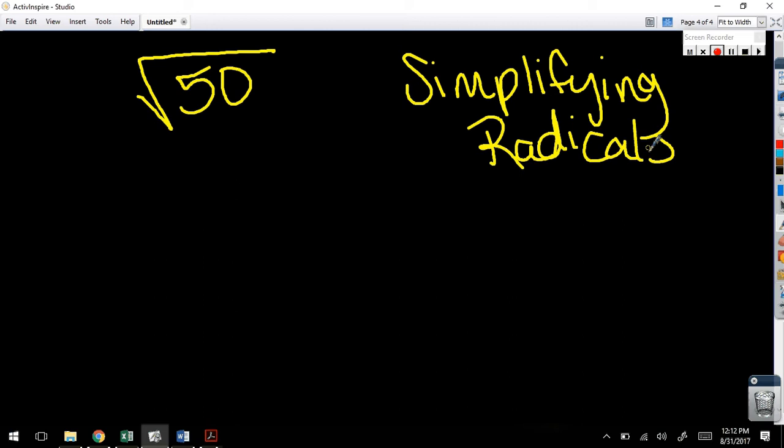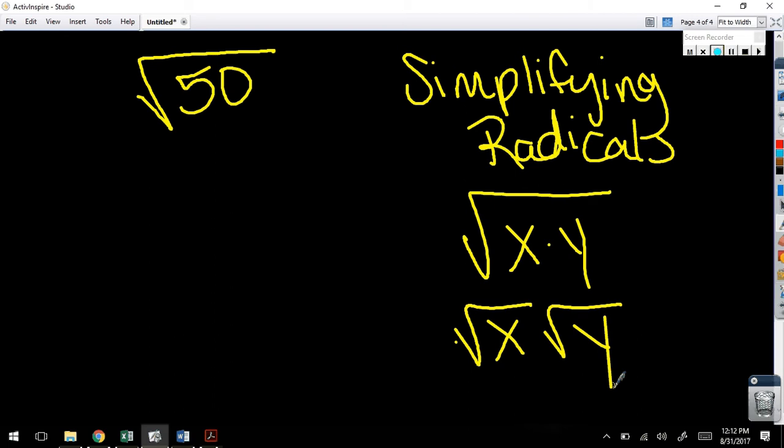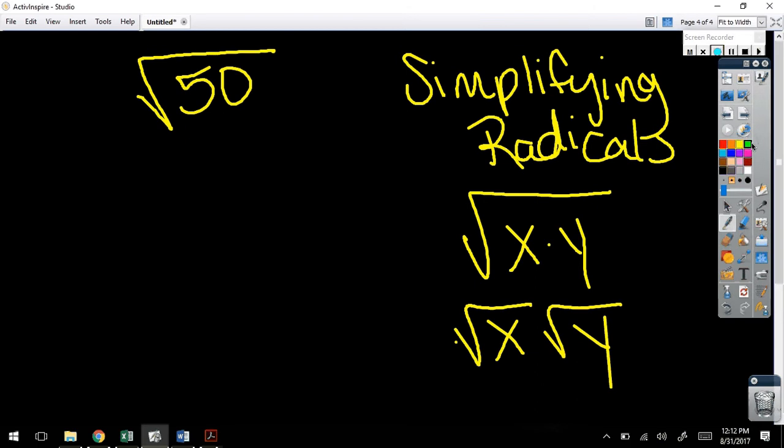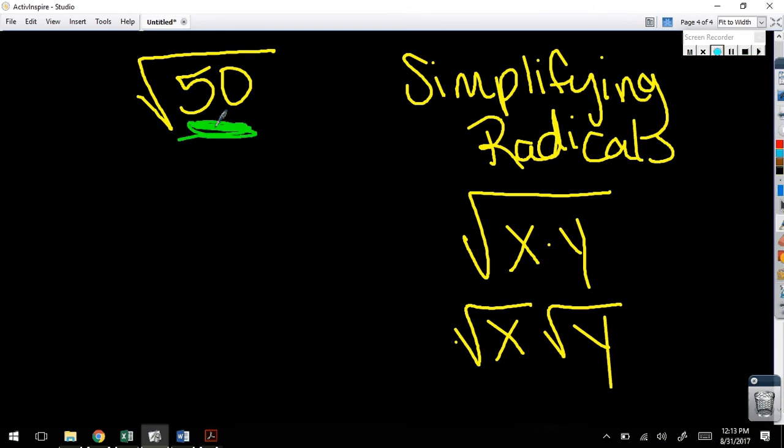One of the properties of radicals is that if we have two things being multiplied together under this radical, I can break them apart and write them like that, right? So what we do when we simplify radicals is we find the biggest perfect square that we can divide this number by, and then we break them apart, okay?